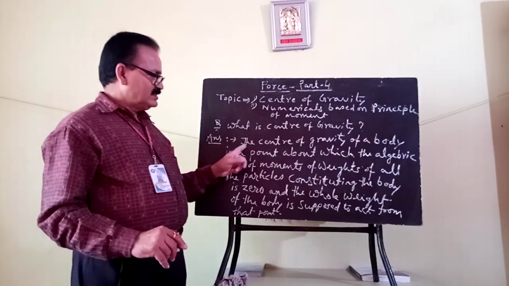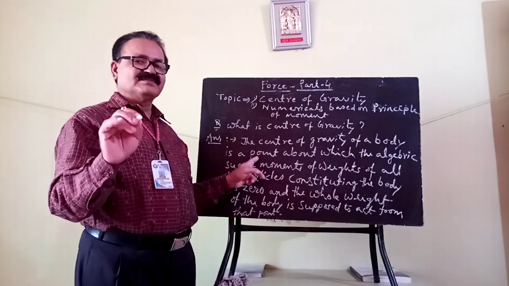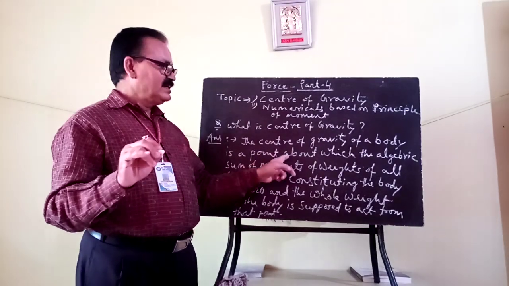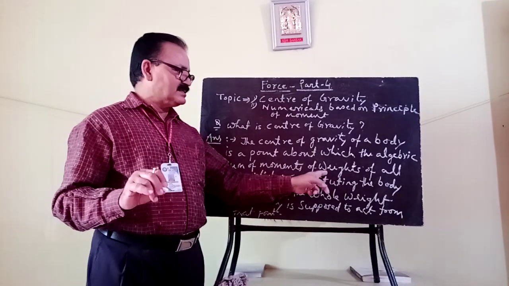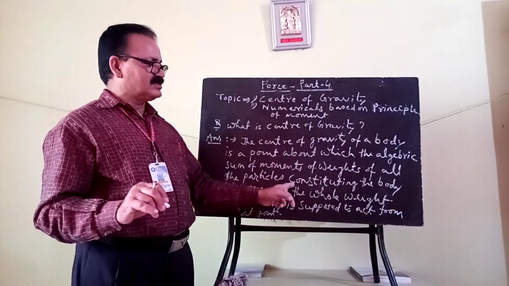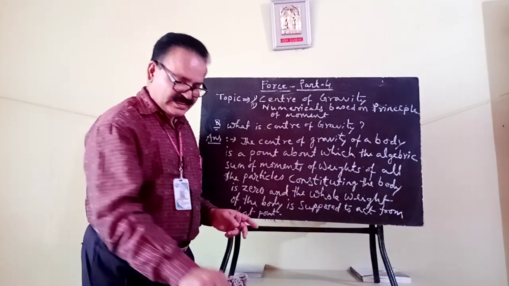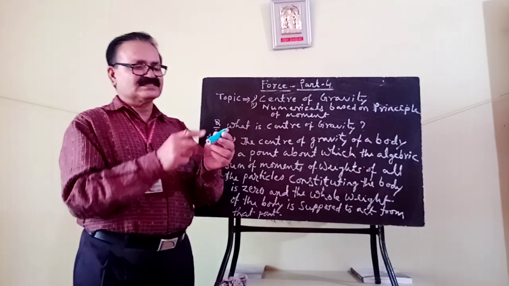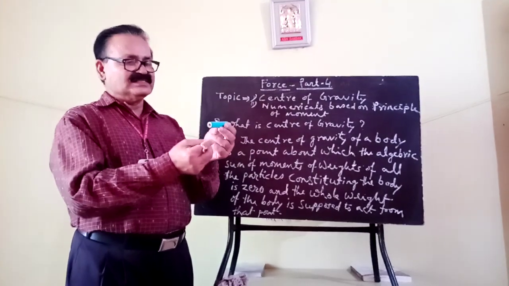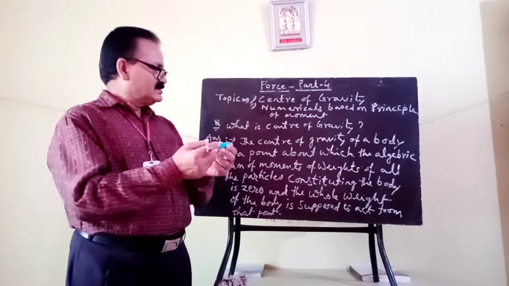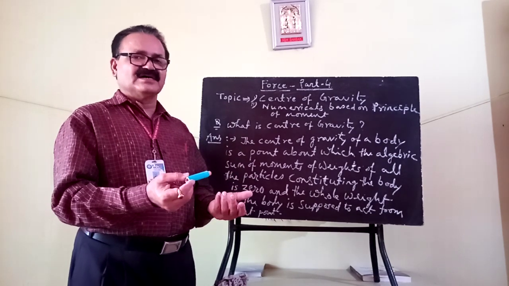You just see, the center of gravity of a body is a point about which the algebraic sum of the moments of weights of all the particles constituting the body is 0. Suppose this is an object. This object consists of various particles, and the weights of all these particles create a force that is vertically downward.